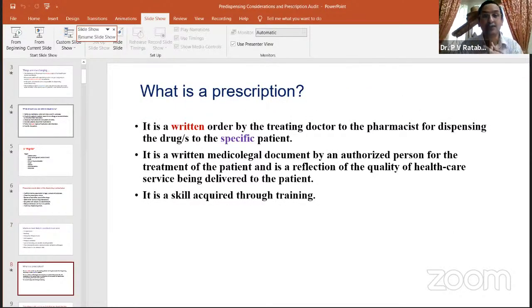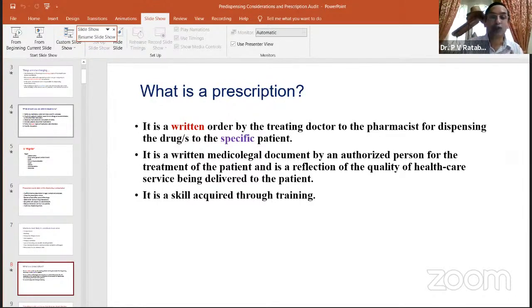Now coming to a prescription. What is a prescription? It is a written order by the treating doctor to the pharmacist for dispensing the drug or drugs to the specific patient. It is a written medico-legal document by an authorized person for the treatment of the patient and is a reflection of the quality of healthcare service being delivered to the patient.